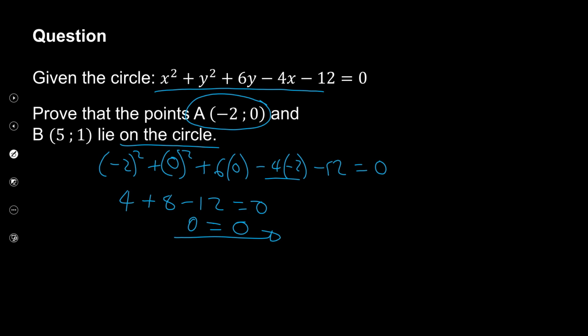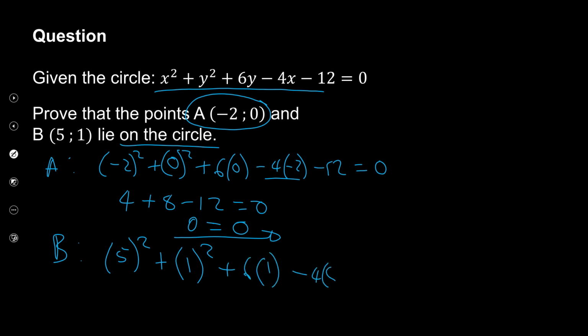And also even with B, so this was for A, right? For B, you will do the very same thing of substituting. It will be 5 all squared plus 1 all squared plus 6 into 1 minus 4 into 5 minus 12 equal to 0.